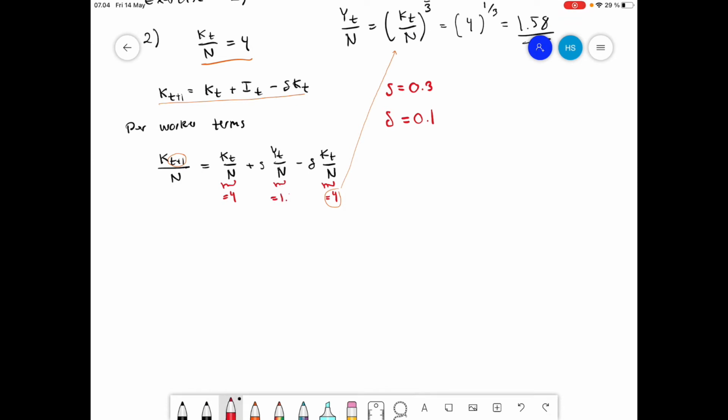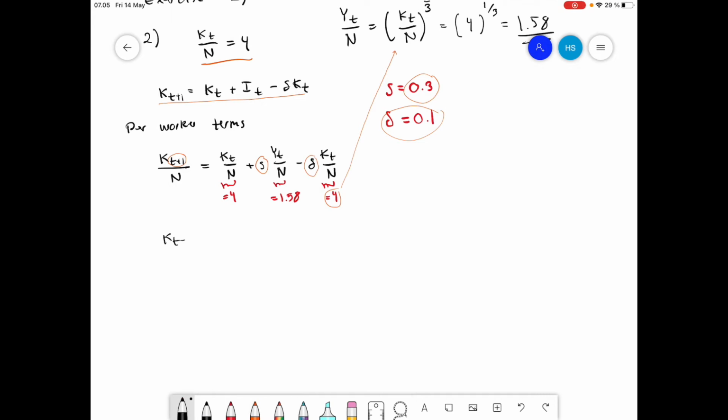So now we know that the output in per worker terms is equal to 1.58. The saving rate we also know is 0.3. The depreciation rate we also know is 0.1.